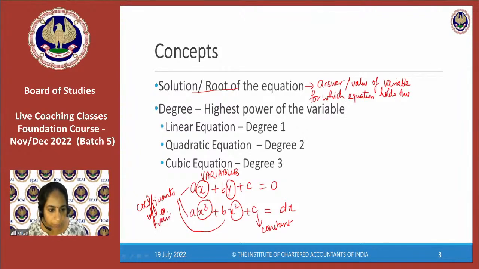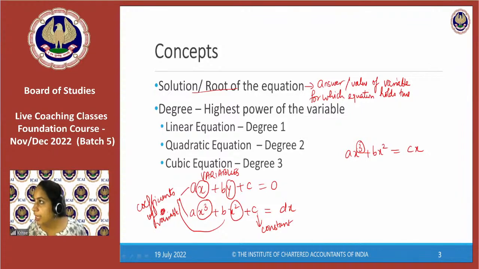Coefficients of variable. Okay. Now, what I'm trying to tell you is, when you have any kind of equation, there is some power attached to the variable. This highest power is known as degree.